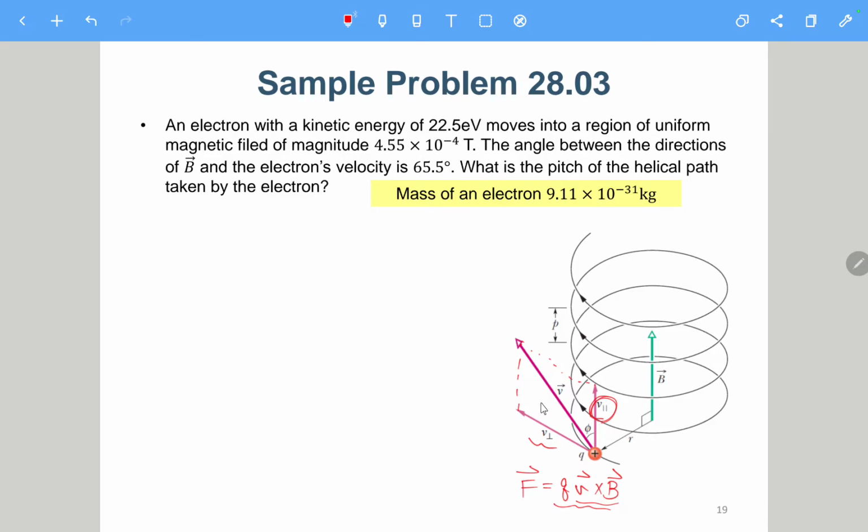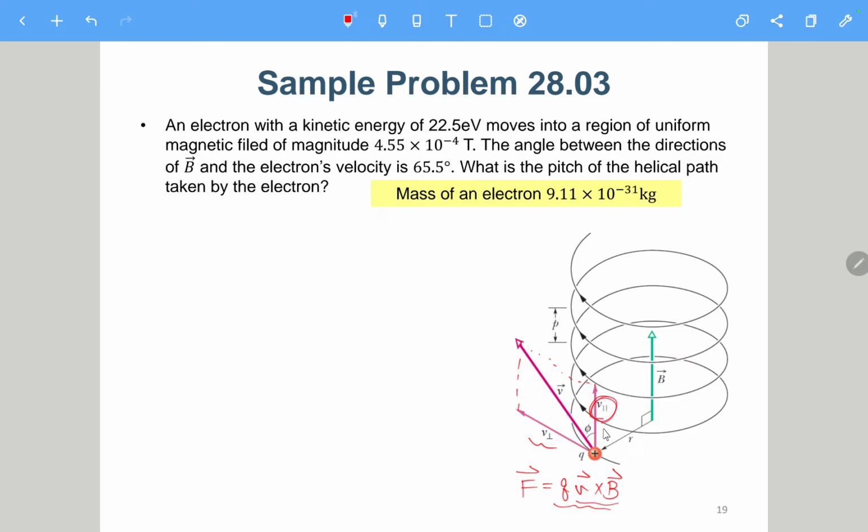So in this direction, just say this is the Z direction, the particle feels like a constant velocity movement, but in the xy plane, it will be a circular motion.